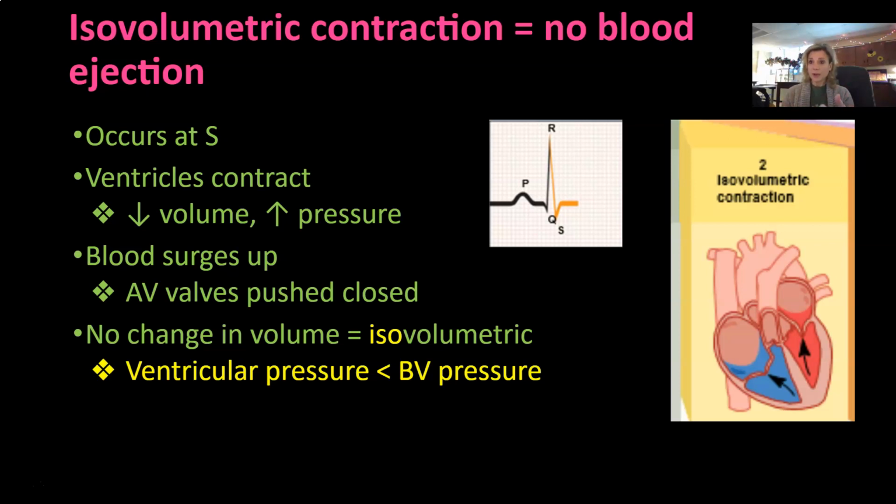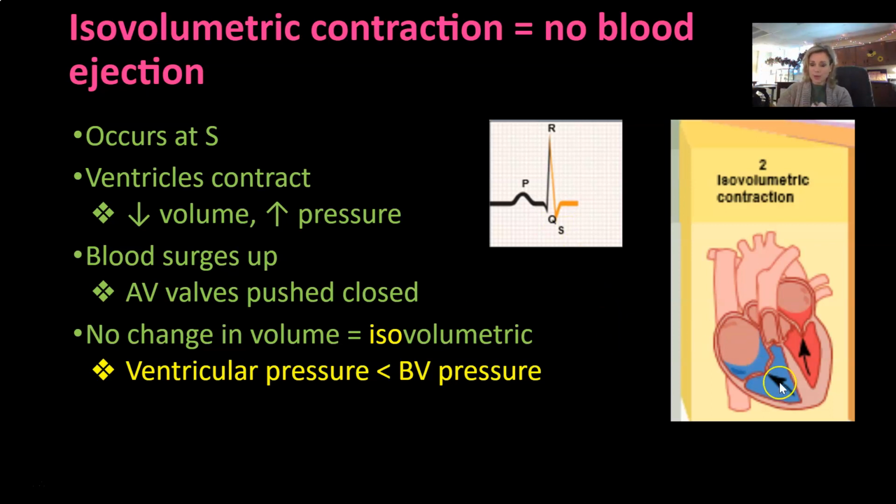Note the black arrows in the picture. As the cardiomyocytes in the ventricles contract, the blood is starting to be pushed upward, and that's going to cause the AV valves to be pushed closed. So the blood is pushing on the bottom side of those valves and causing them to close.